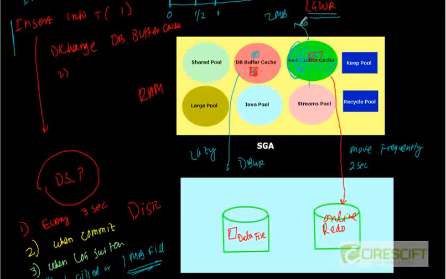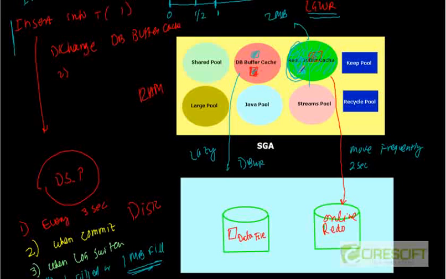But since I have not written all this to the online redo log file, I cannot reuse it. That means after 1 second I am not able to reuse my redo buffer cache, because I have not completely written the first half of the data.